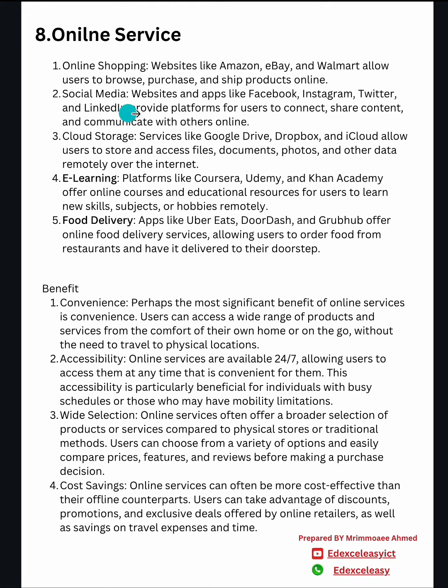Another is social media websites, like Facebook, Instagram. Cloud storage, Google Drive, Dropbox, right? We can store our documents, files, everything there. E-learning platforms like Coursera, Udemy, we can buy courses from there, right? Food delivery apps like Foodpanda, Uber Eats. These are all the online services provided to people.